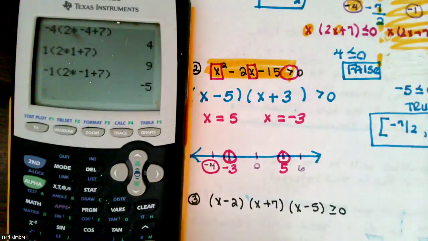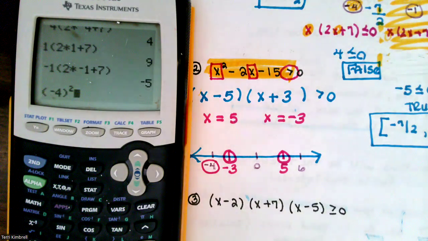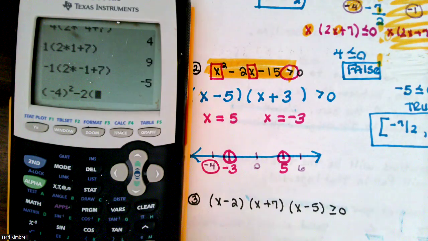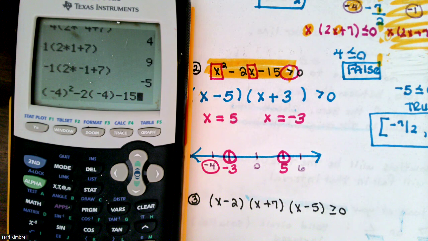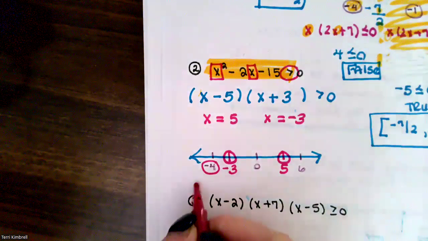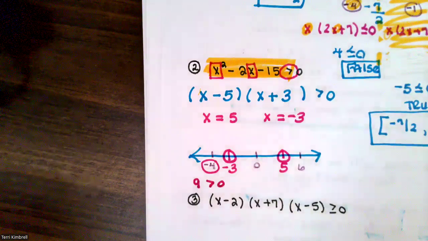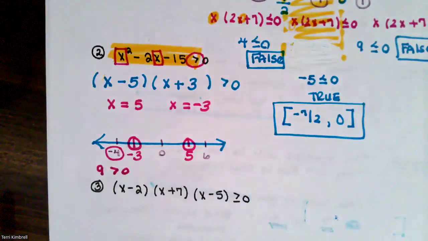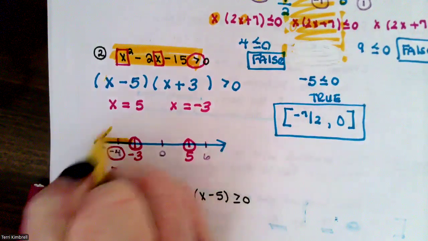So we're going to do parentheses, -4 squared minus 2 times -4 minus 15. That gives me a 9. So you ask yourself, is 9 bigger than 0? So since that does work, my answers are to the left right here.